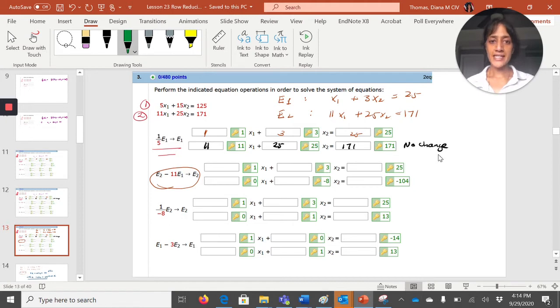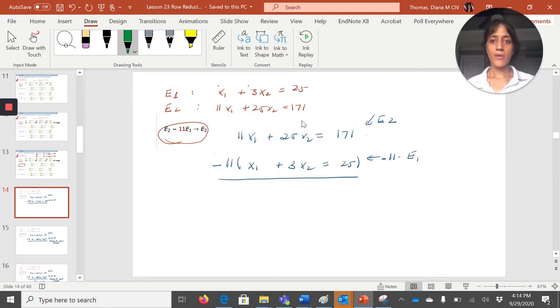Now I do the second step to my new equations. My new E1 is this thing above, and my new E2 is the second equation below. I'm going to use this formula to change E2. So here's E1 and E2 written.